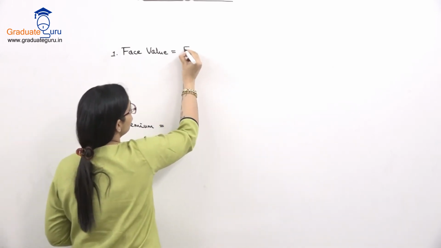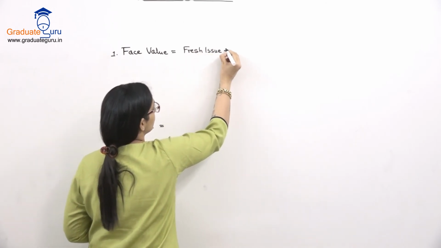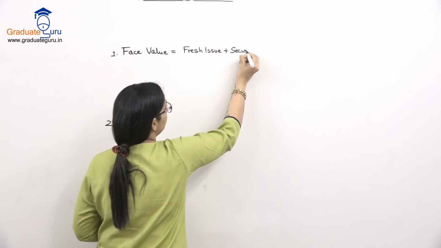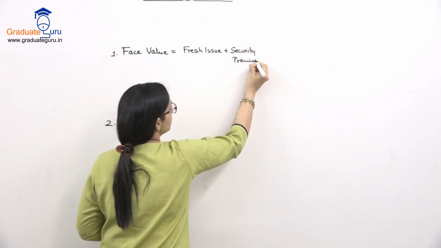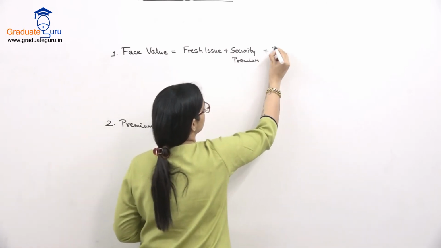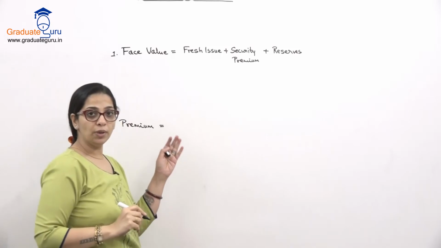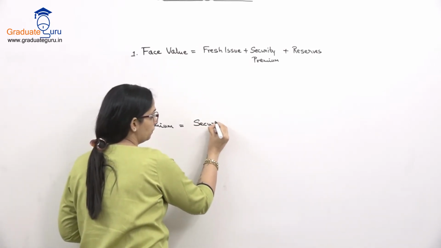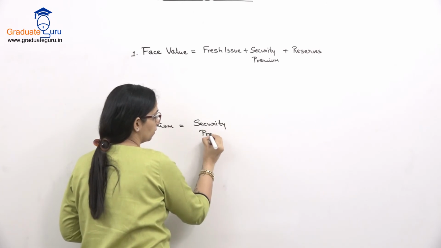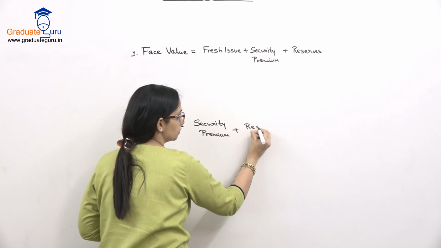Face value comes from fresh issue plus your security premium and plus reserves. Right? This is what we do every time. Premium comes from security premium and if needed plus reserves.